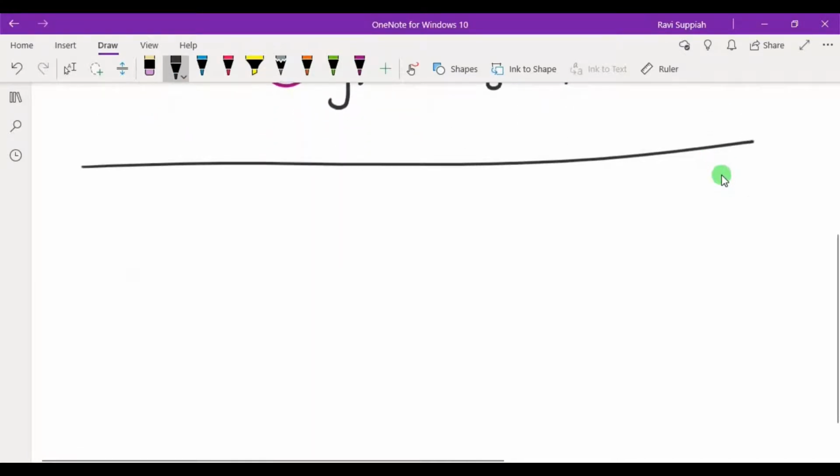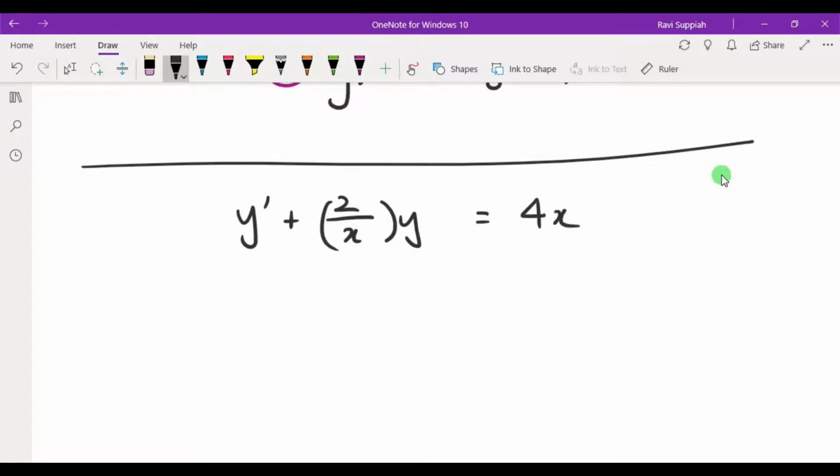The sum we're going to work on is given as this: y prime plus 2 over x of y equals 4x. The first step is to equate this expression with the standard expression which we just saw, y prime plus p(x) y equals q(x).